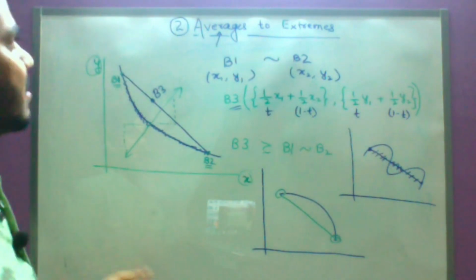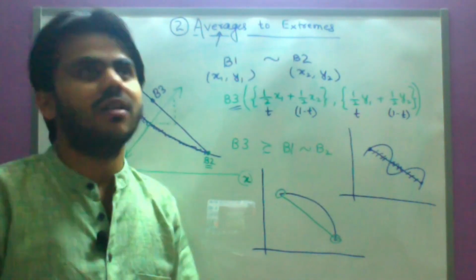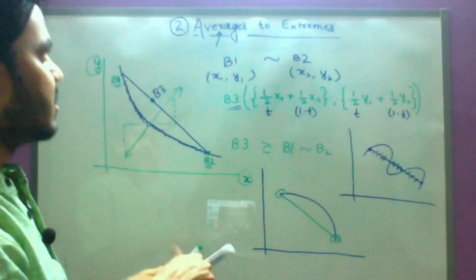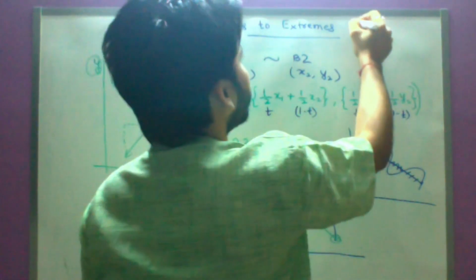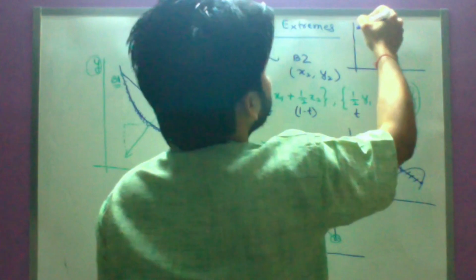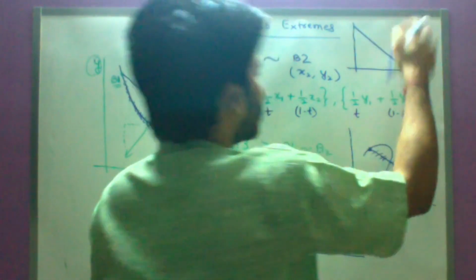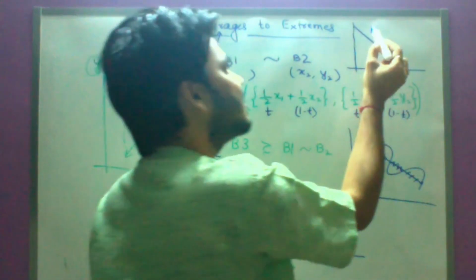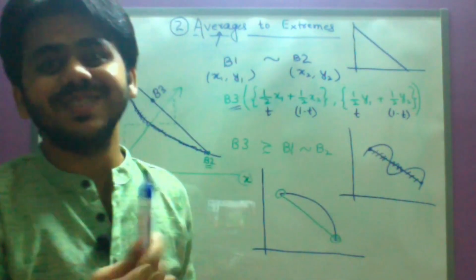Now, what is not so strict, or I should say just convexity? For that, I will just give you the example of substitutes. You remember substitutes has this kind of an indifference curve. So this is convex, but it is not strictly convex.